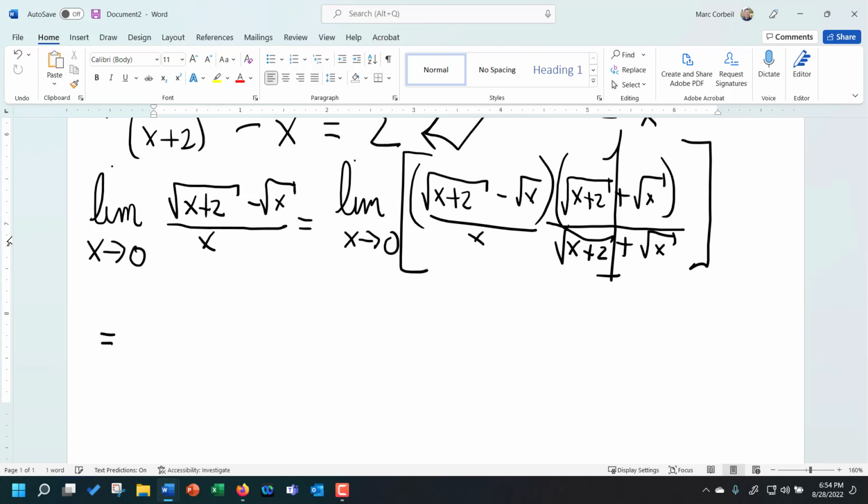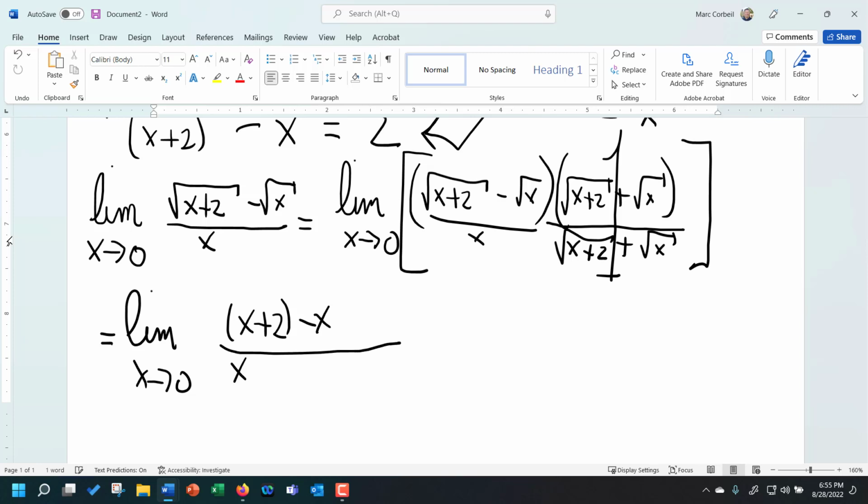Now on the top, we already did that work, but we'll do it again a little bit here. Square root of x plus 2 times square root of x plus 2 is x plus 2. That takes care of the first two. The middle terms cancel, and the last term is going to be minus x. And the denominator, that's where I'm going to have that more complicated term. So that'll be the square root of x plus 2 plus the square root of x down here on the bottom.